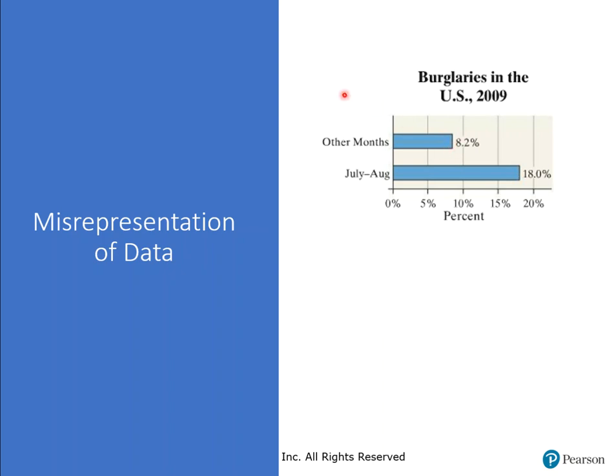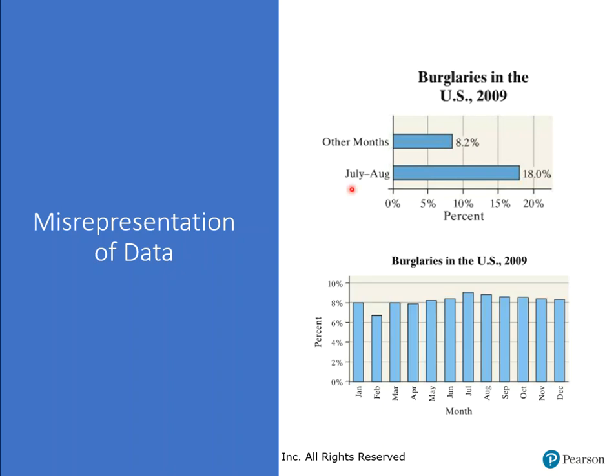Well, now let's look at what this bar graph should be represented as. Here I have the same data, and this time, instead of grouping the months together, we have every single month represented along the horizontal axis, and their individual frequency or relative frequency shown.